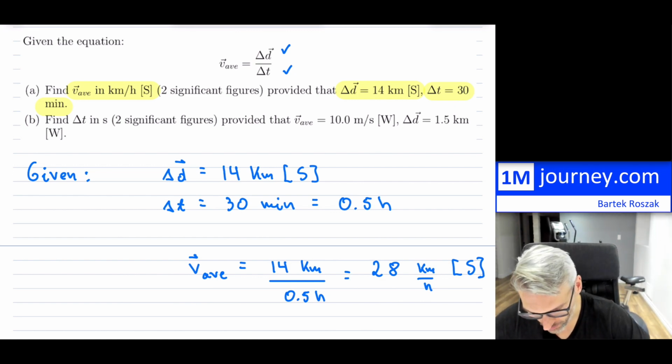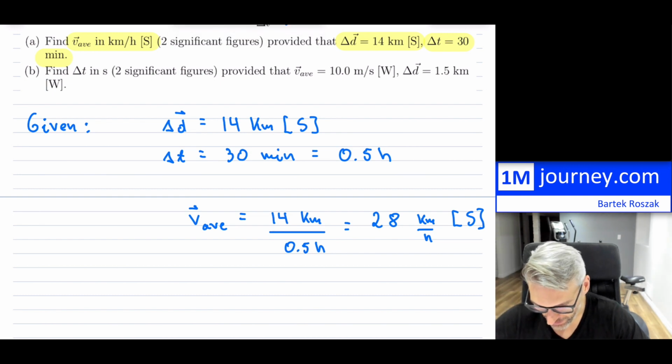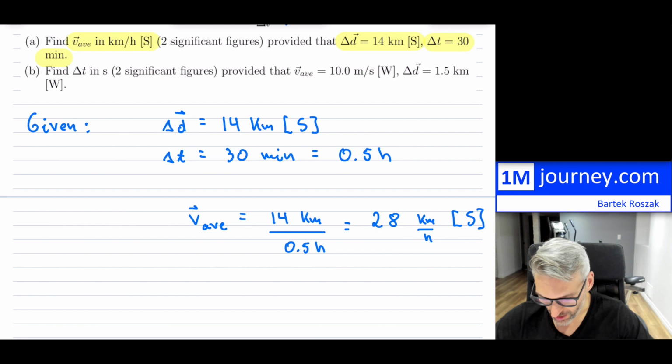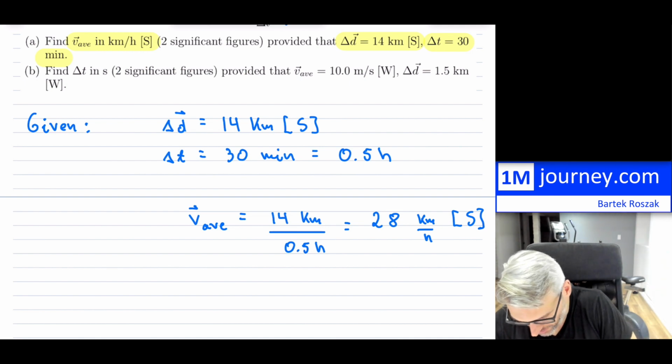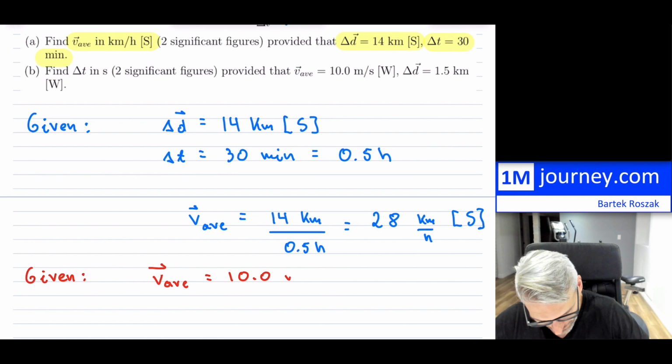For the second one, part B, maybe I'll change color. We are trying to find delta t. So let's write down the given pieces of information. We have been told this is equal to 10 meters per second, and this is west.